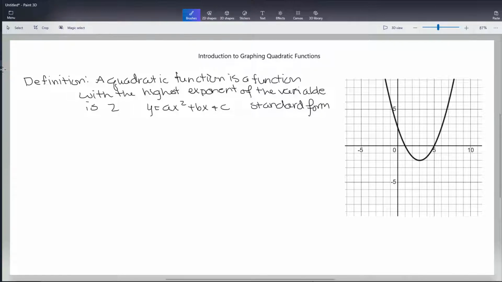Now, the graph of a quadratic has its own name, and it's called a parabola.